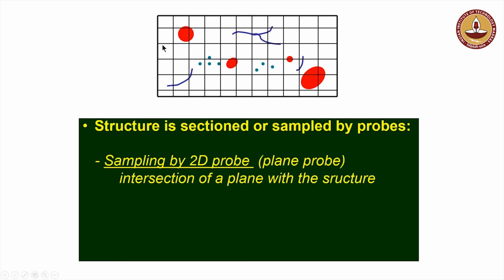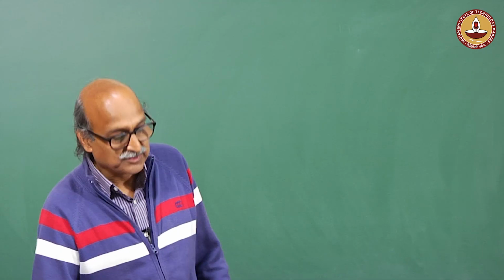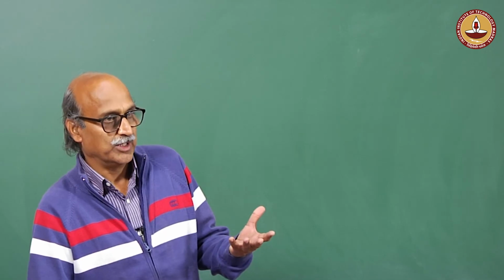When I intersect a 3-dimensional structure with a plane, lines will appear where surfaces were there, points will appear where line elements were there in the 3-dimensional structure, and area elements or section profiles will appear where particles were present in the material. So, this is called sampling by a 2-dimensional probe.